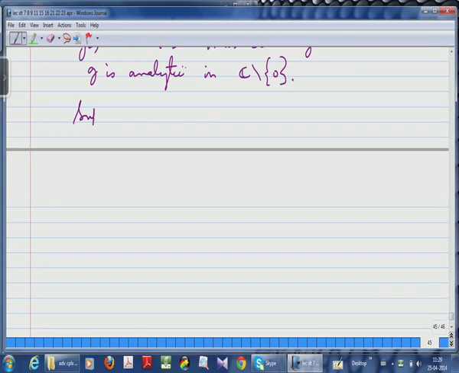Suppose G is identically infinity. What does it mean? Think of it heuristically.